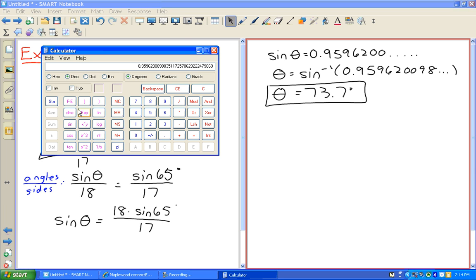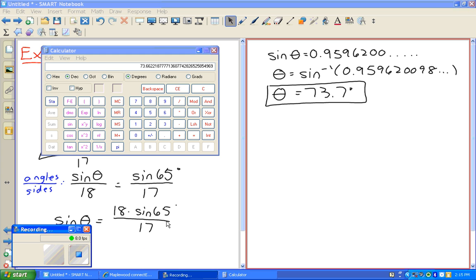Then what I'm going to do is inverse, or for you, second, and then sine, and you get the answer right there, 73.66. Inverse or shift or second, it'll be at the top left of your calculator, and then sine. Good? You're good? I get it now. Just keep your answer. Okay, I'm going to hit pause on this video here right now, and then we'll keep going.